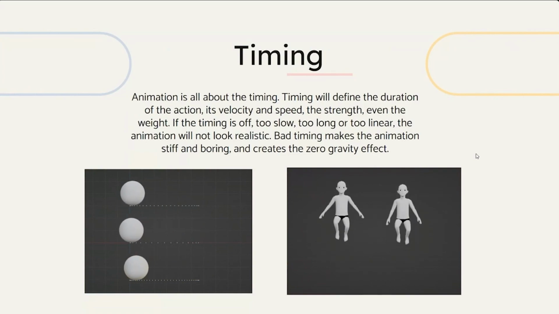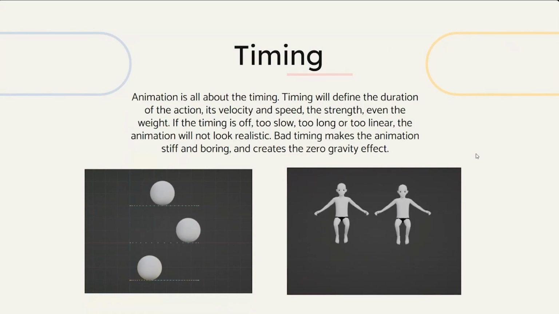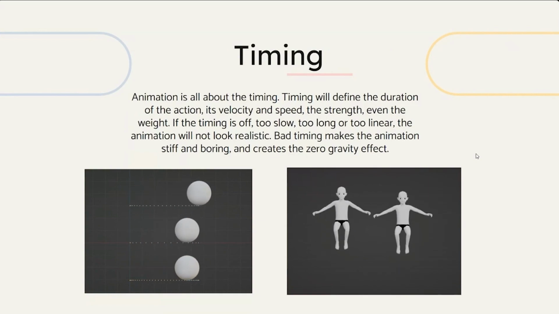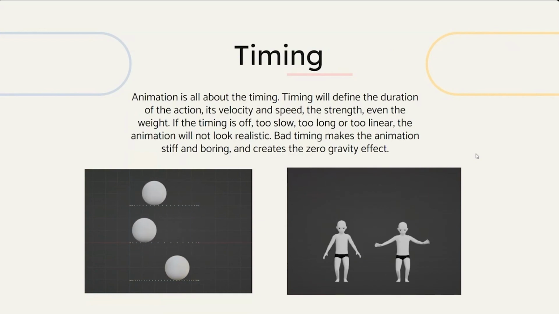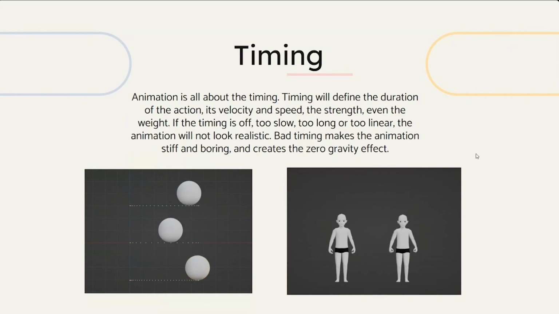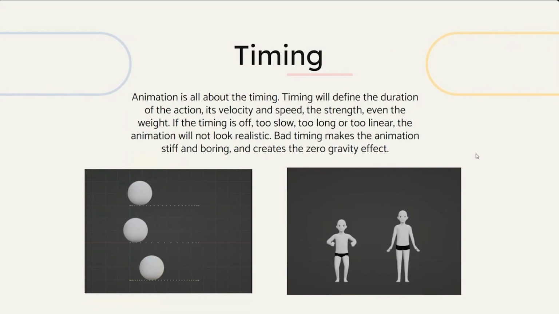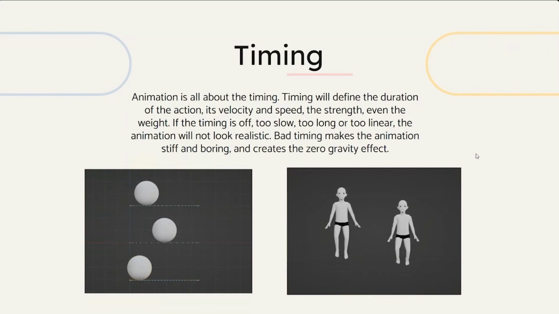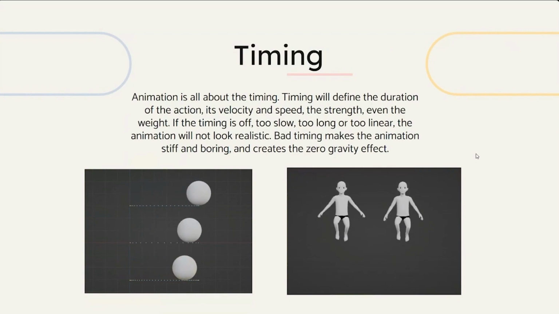This is what I wanted to show with these two GIFs: just adjusting the spacing between the frames can change your animation completely. Even if it has the same number of frames, even if it's moving the same distance, you can have completely different results. And this is what gives personality to your animation.